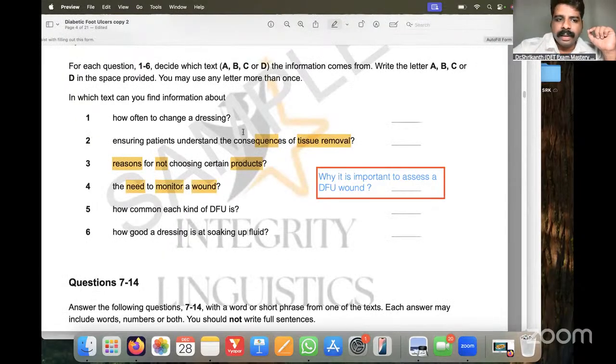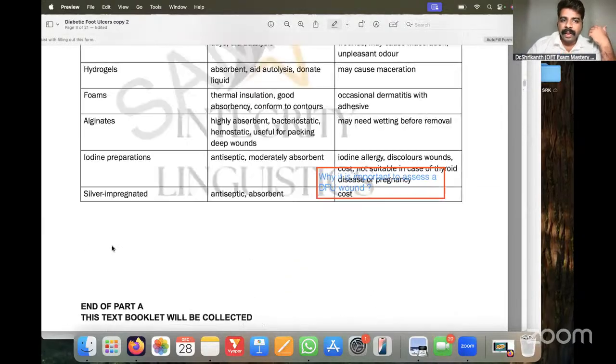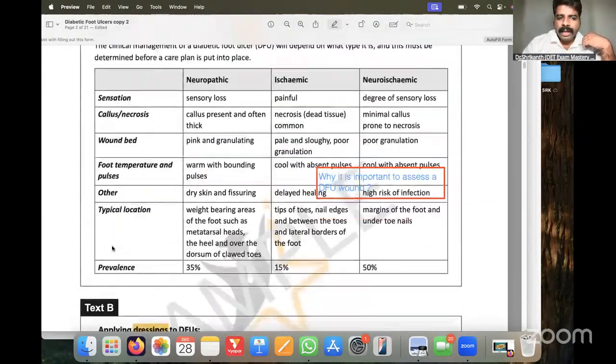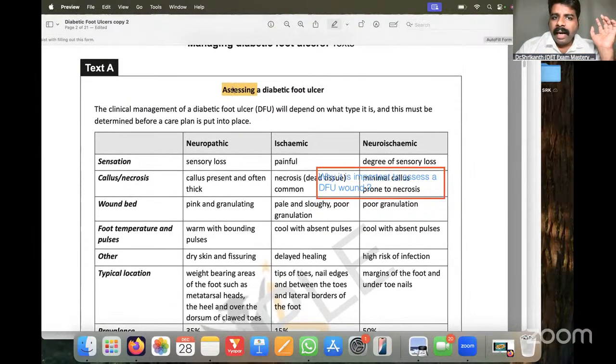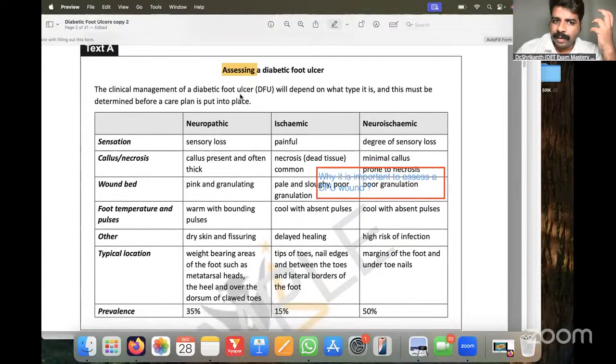So no, one second. The fourth question over here is the need to monitor a wound. Yeah. So let's take a look in which paragraph it could be. Okay, so over here, they're talking about assessing a diabetic foot ulcer. Okay, so text A, they're talking about assessment over here.